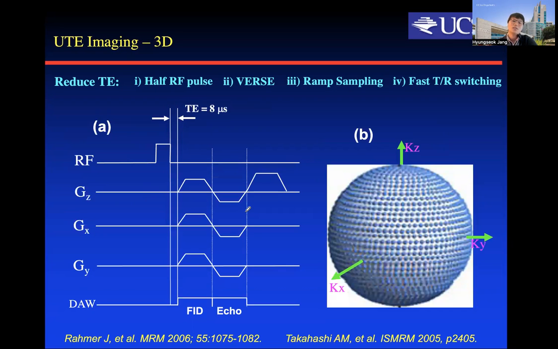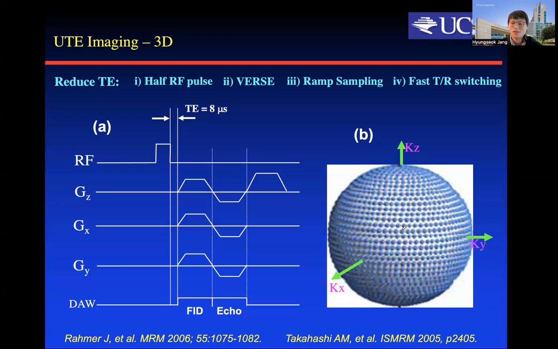For 3D UTE imaging, we can simply use a non-selective hard pulse. So there's no slice selection gradient here, right? And then we can still do this center-out radial acquisition.